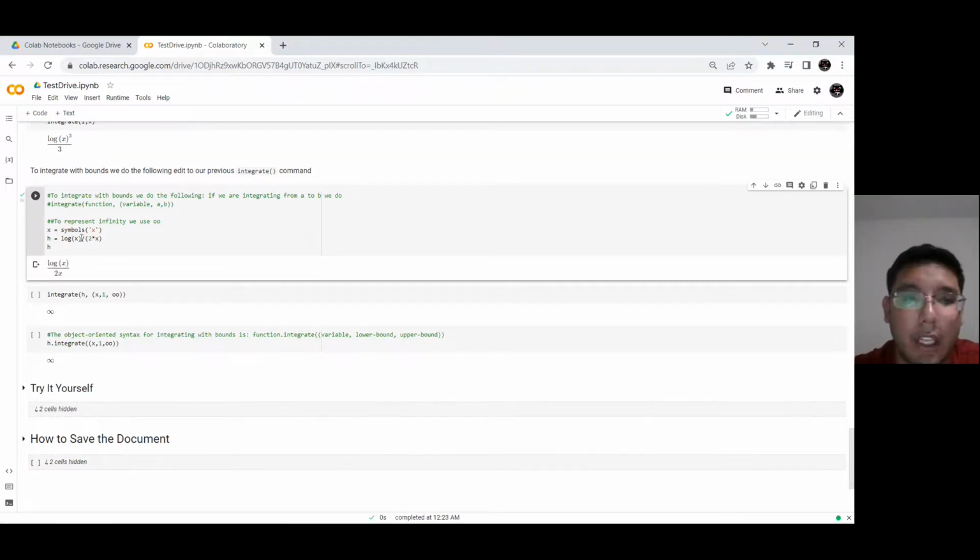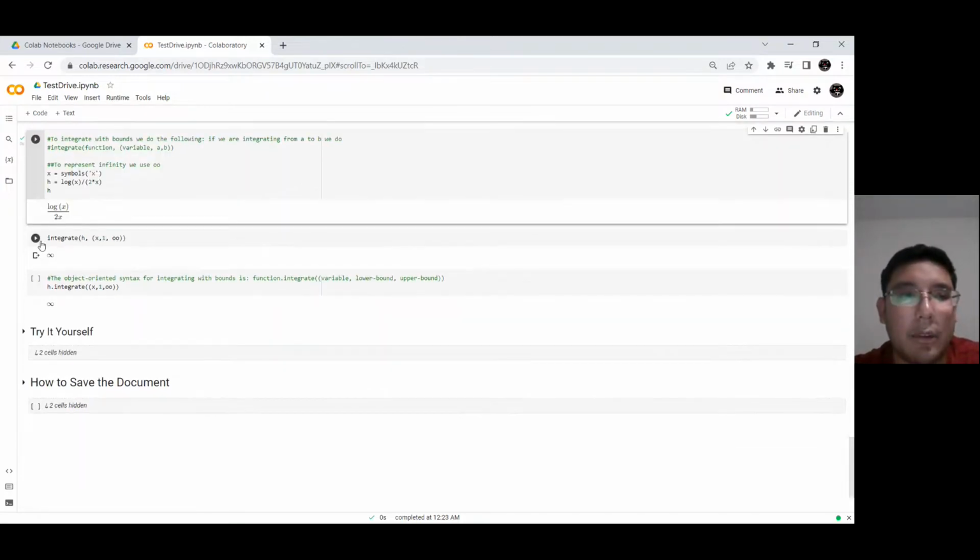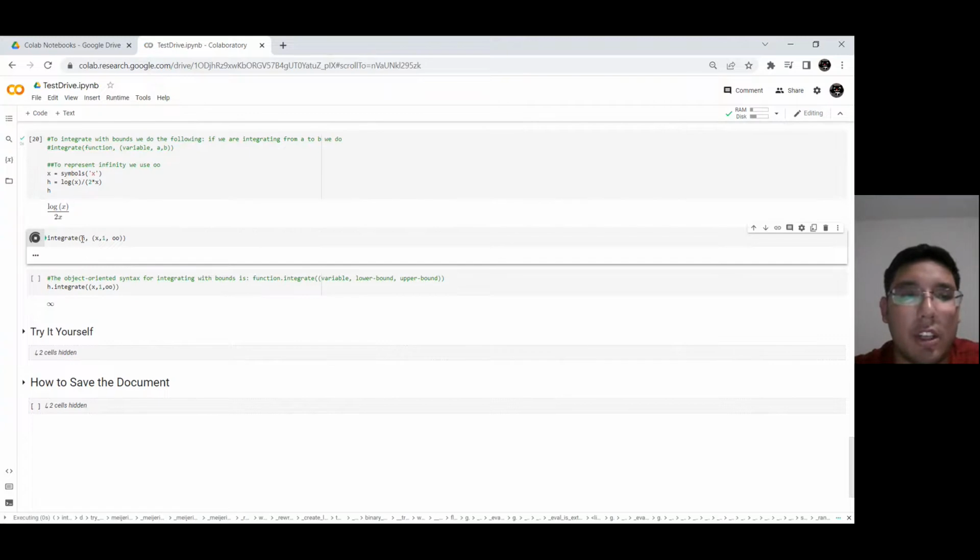First, again, we define x to be a symbol, and we write h, and then we confirm that we wrote h properly, and then we integrate. So integrate h comma x, lower bound being 1, upper bound being infinity. Infinity, we use it as the little double O symbol. So whenever you want to use infinity, just use OO. And again, this integral gives us infinity.